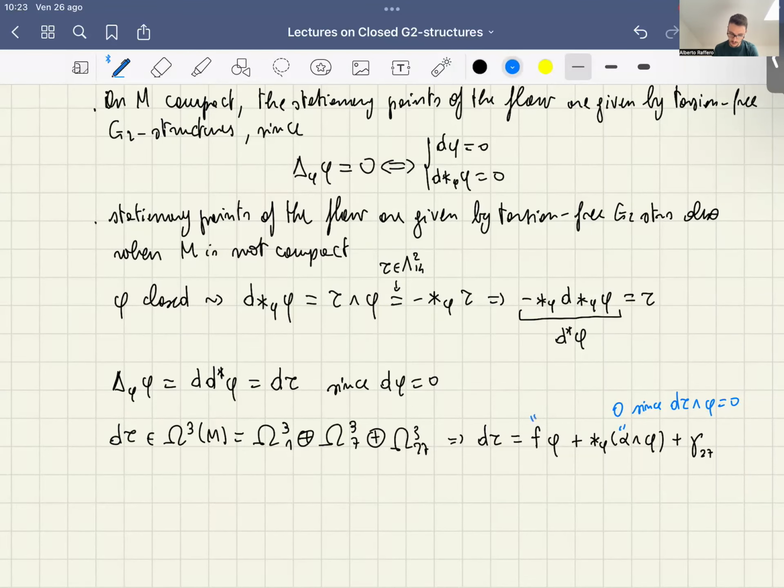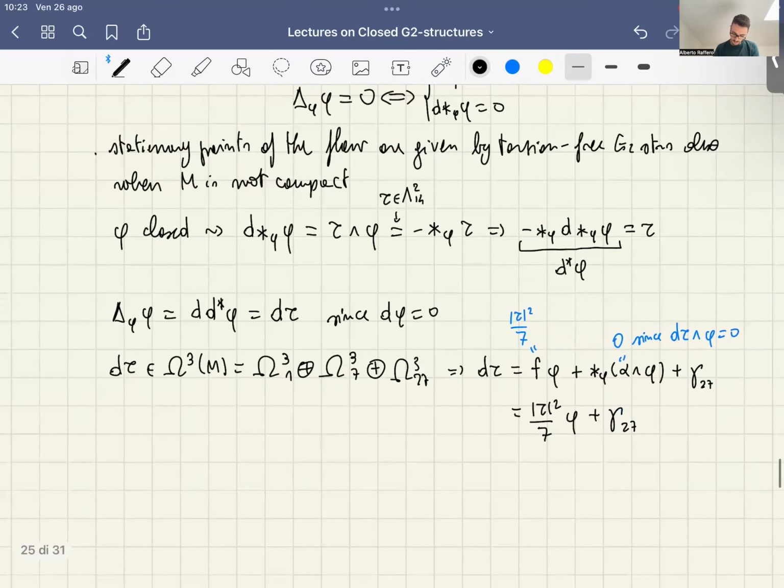Whereas this function f here is equal to the squared norm of tau over 7. So here you have something like the squared norm of tau over 7 times phi plus this component gamma 27.